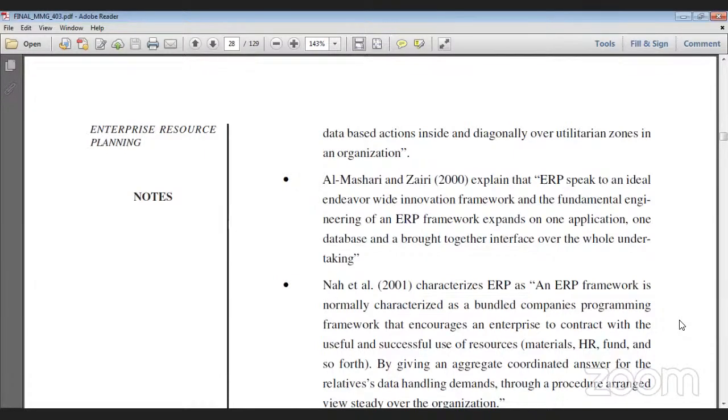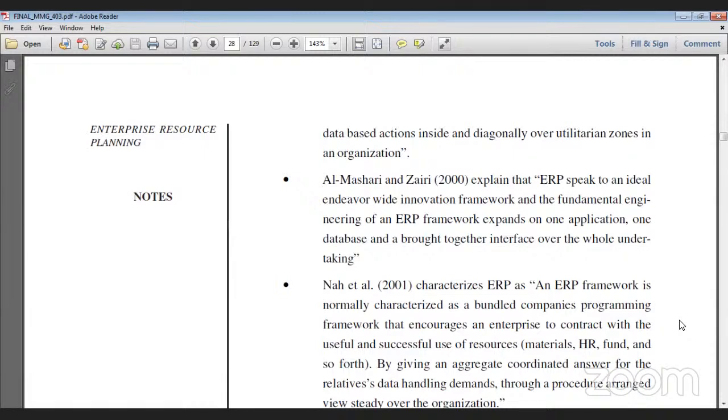One database, brought together here, the interface over a whole enterprise. The third definition is by Nah et al., 2001.